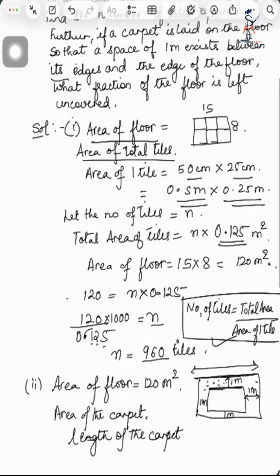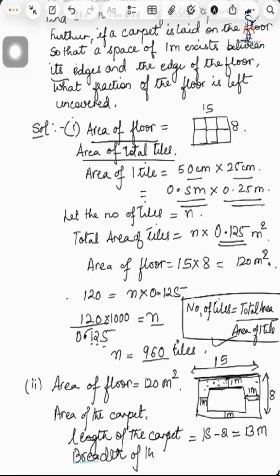The floor is 15 by 8. This is 15. This is 8. Right? So length of the carpet will be 15 minus 1 from here, minus 1 from here. That means 15 minus 2, that is 13 meter. And what is the breadth of the carpet? Again same logic, 8 minus 1 minus 1, 8 minus 2, 6.